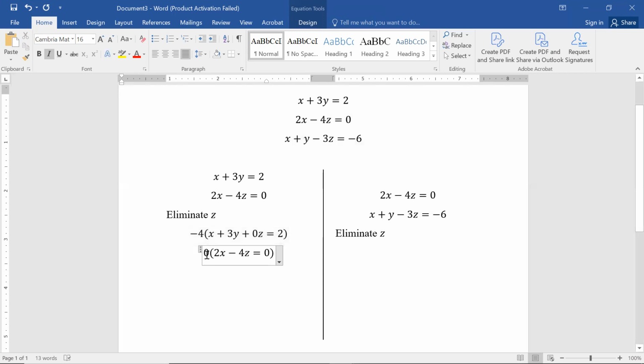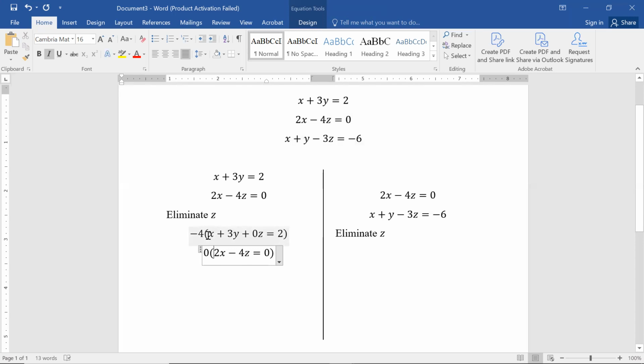That's already going to get rid of that second equation. I'm going to end up with 0 equals 0. It's not going to play a factor. And in this first equation, I just multiplied that equation by a negative 4 everywhere.